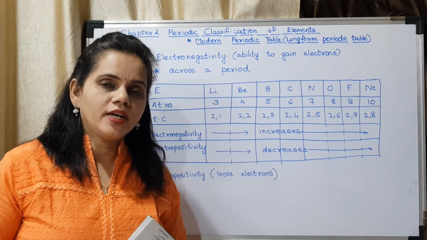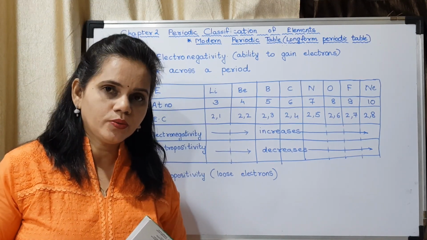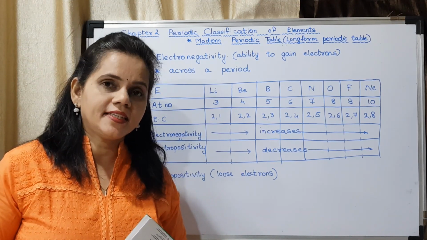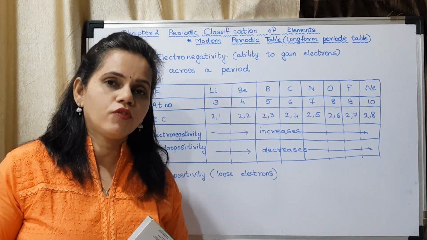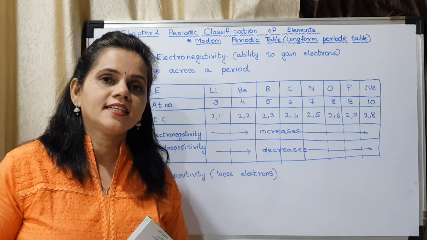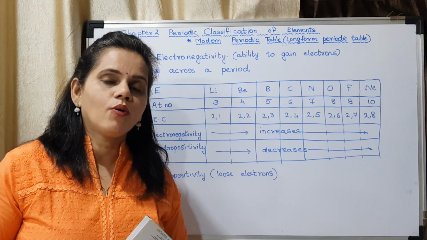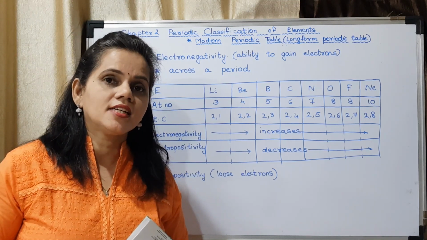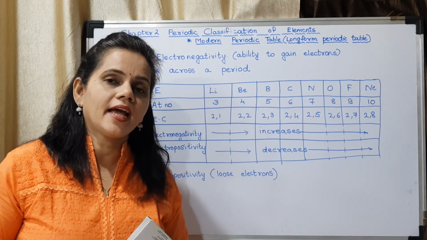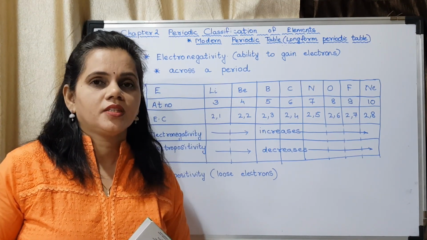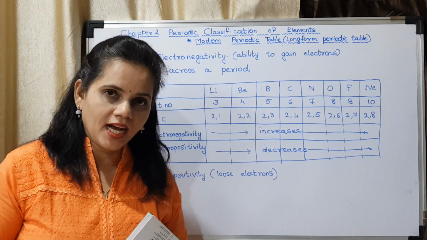Now, sodium 1, magnesium 2, aluminium 3, silicon 4, phosphorus 3, sulfur 2, chlorine 1, argon 0, potassium 1 and calcium 2. You may check your answers. If you are having any difficulty, you may ask.